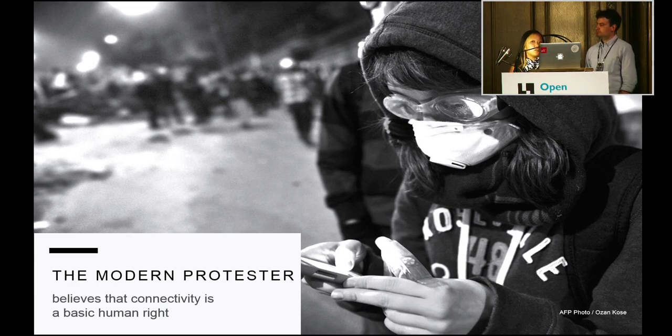However, through our research, we found one fact to be extremely interesting that really stuck out, which was that the highest levels of participation seen during the Arab Spring movement were seen during periods of internet and network blackouts. And this happened because besides being young, an early adopter, and a digital native, the modern protester really believes that connectivity is a basic human right.